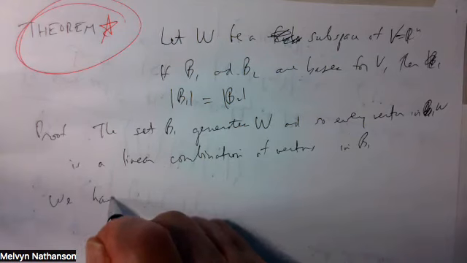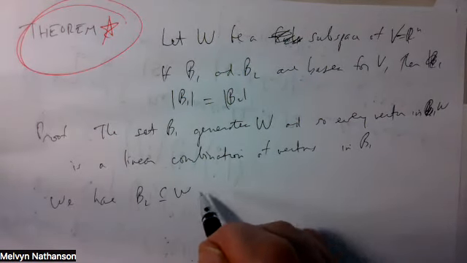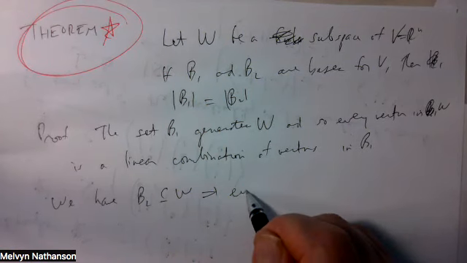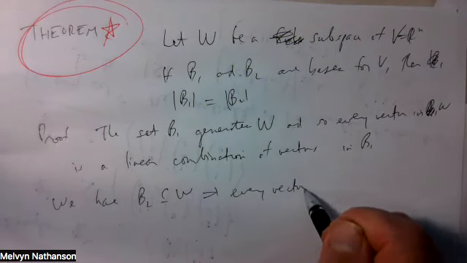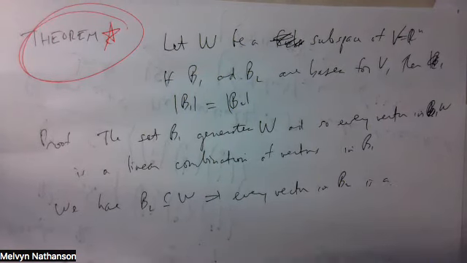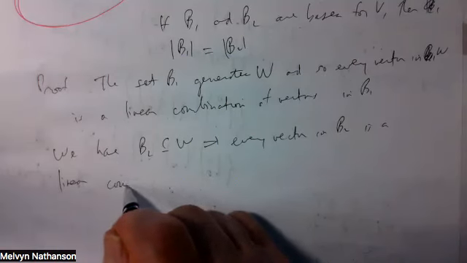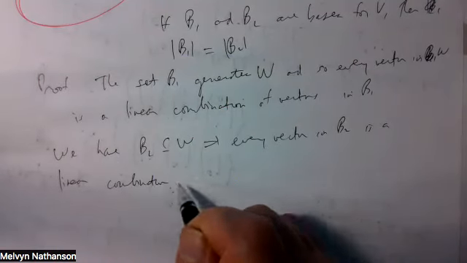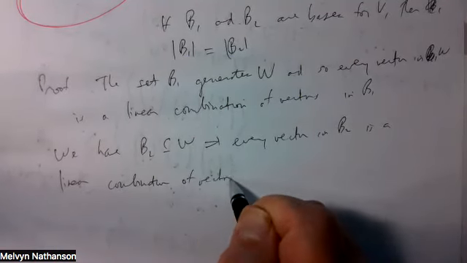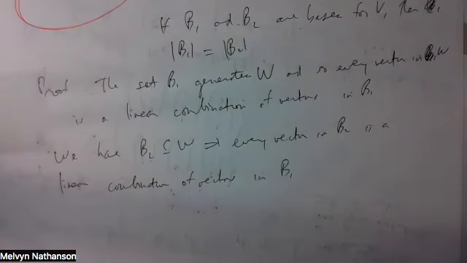We have B2 is contained in W. So every vector in B2 is a linear combination of vectors in B1.